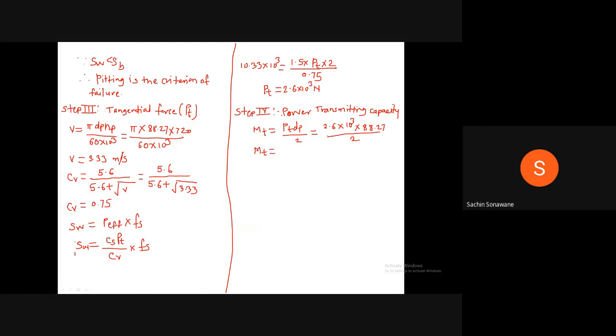What is the torque transmitted? 114.75 into 10 raised to 3 Newton mm.